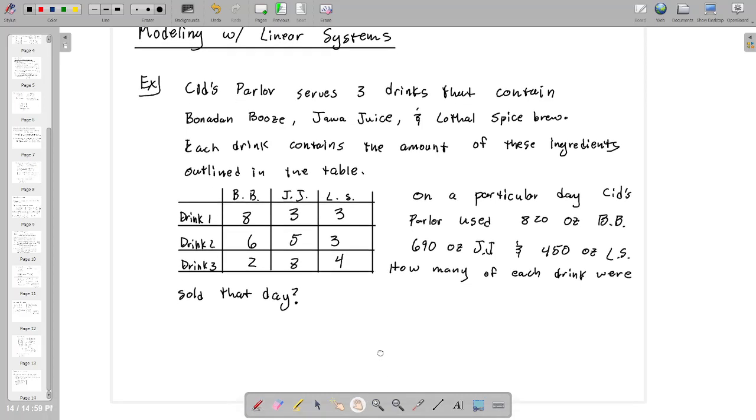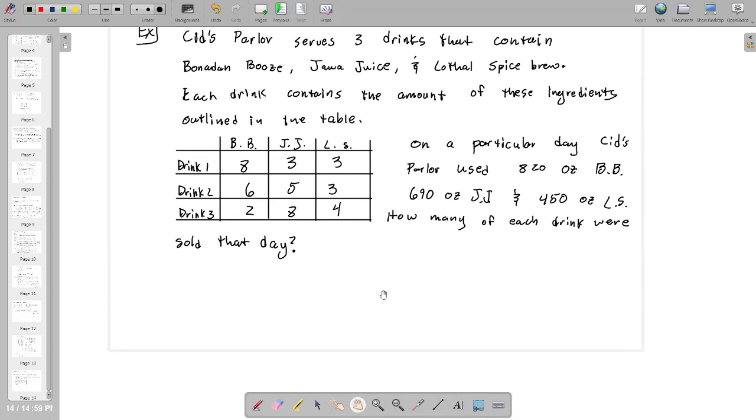Now, we did this problem already, but we're just going to do it slightly differently. So our equations are going to be going down. Drink 1 refers to x, drink 2 refers to y, drink 3 refers to z, and each of the columns are equations because we know how many ounces of Bonneton booze, Java juice, and Lothal spice brew we used.